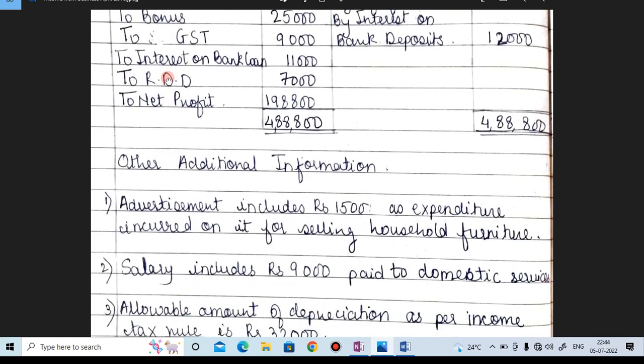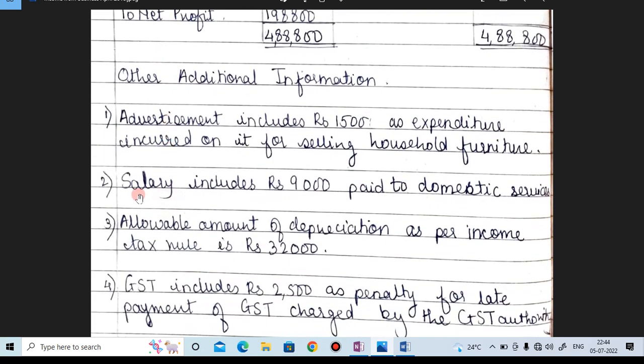Now on salary also there is adjustment. Adjustment number 2: salary includes rupees 9,000 paid to domestic services. Domestic service means Mr. Rohit has paid 9,000 salary for his personal services.